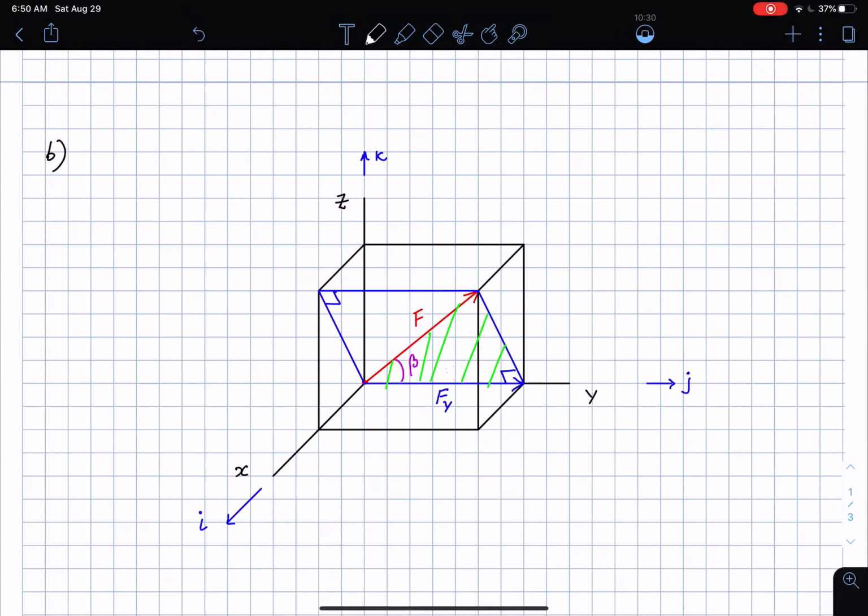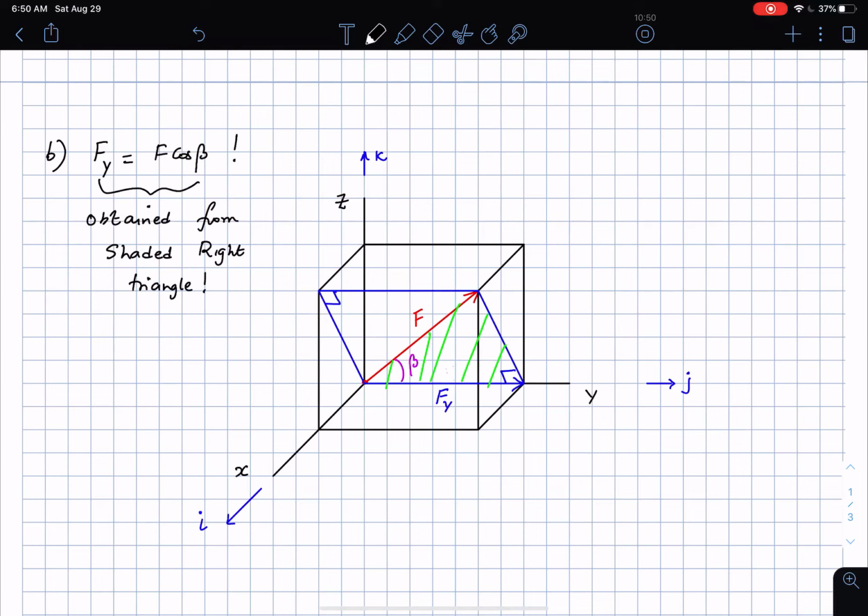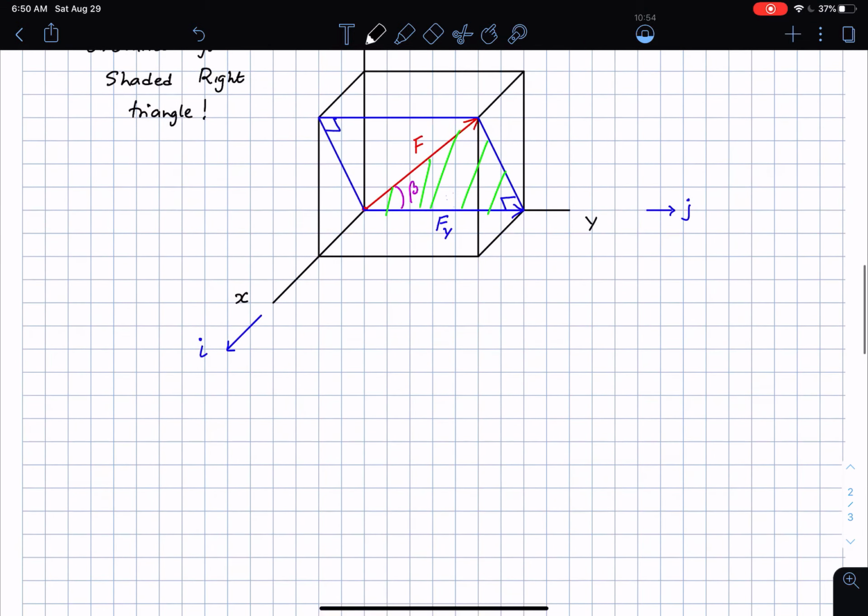So in this situation, you can see that Fy is actually F times cosine beta. Okay, this is obtained from the shaded triangle, right? Triangle. Okay, and likewise, I'm not going to do that derivation here.